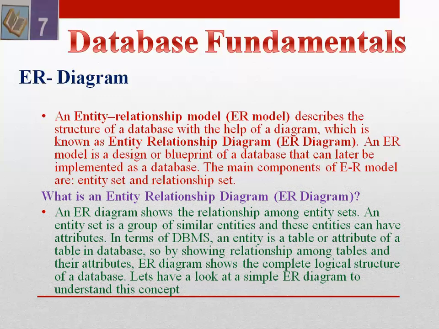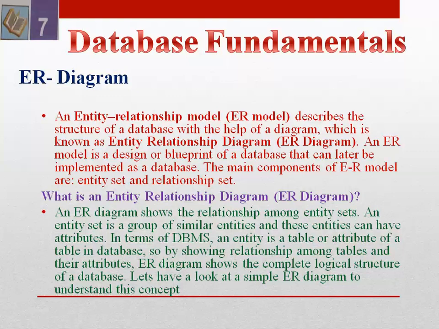So dear students, in general words, an ER diagram is a graphical map of the relationships between the tables and attributes. In tables we have different types of attributes, meaning columns. In DBMS we call them entities and attributes, but in general terms an entity is a table and columns are attributes.